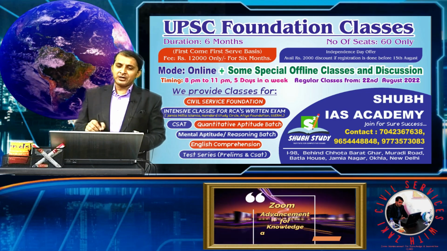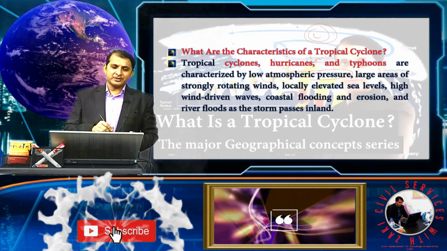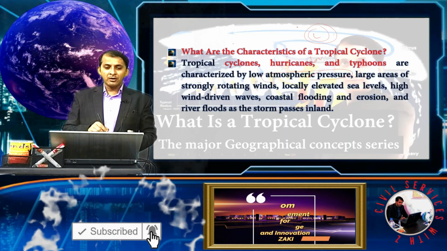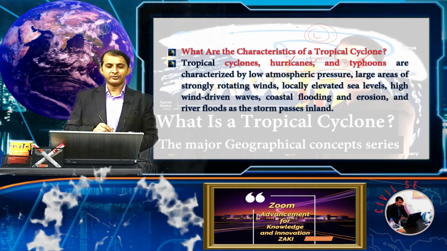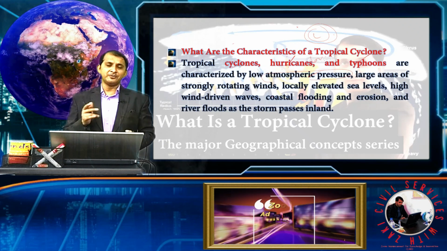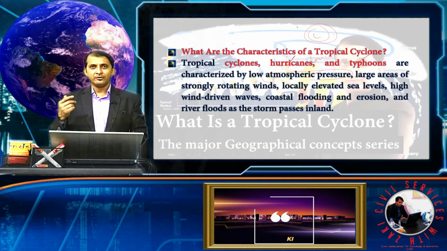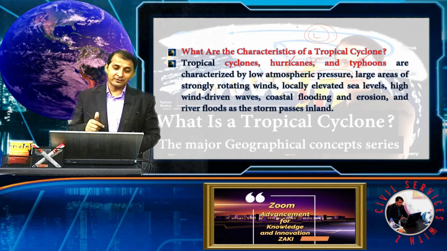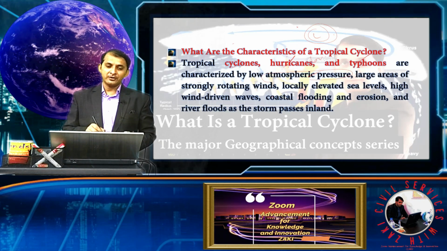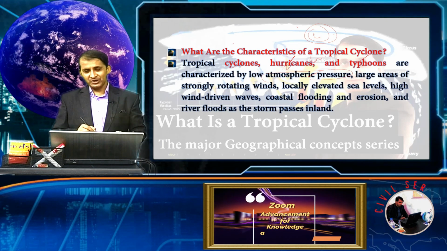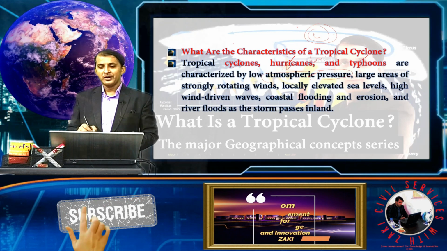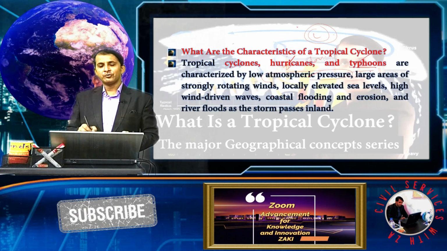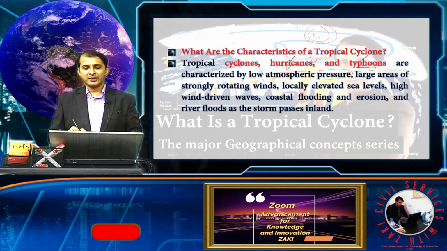So they are characterized by a low atmospheric pressure area, basically hurricanes, typhoons and cyclones. In the Indian Ocean, basically the Indian subcontinent and all these areas, it is called a cyclone. But in the Eastern Pacific Ocean and the Atlantic, it is called a hurricane, and in the Western Pacific, it is called a typhoon.